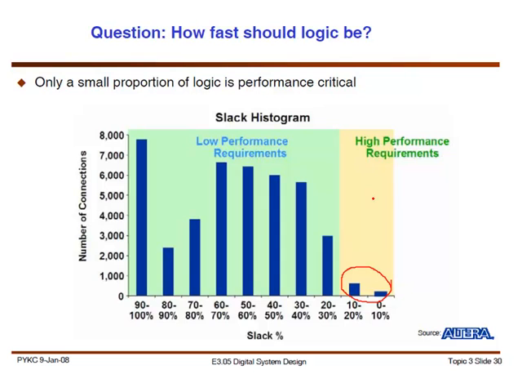By the way, this would not be the histogram that you would see in an ASIC, right? In an ASIC, you would start with a slack like this, right? And then you would focus on making these guys faster, right? So you would change the profile of timing to be something like this, right? And then again, you would say, let's push the limit, let's make these guys faster and faster.